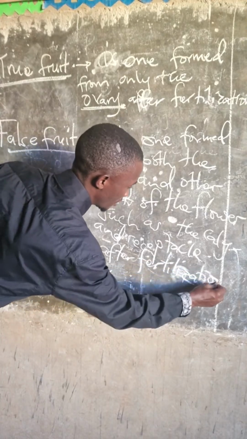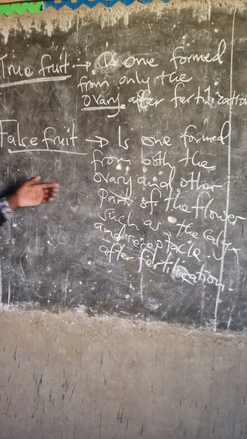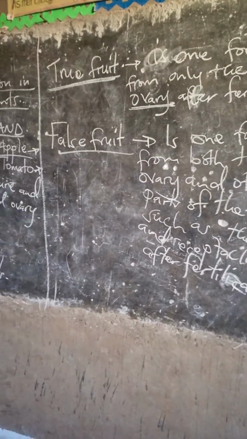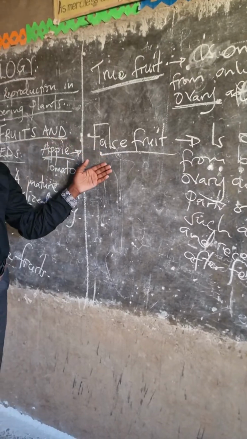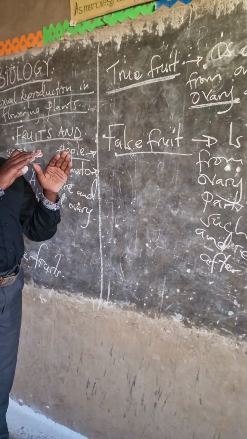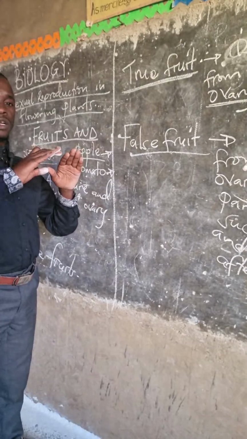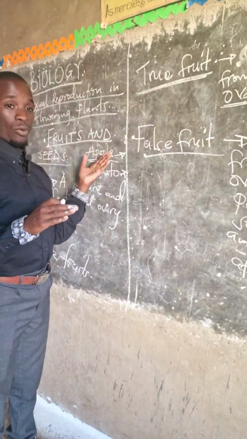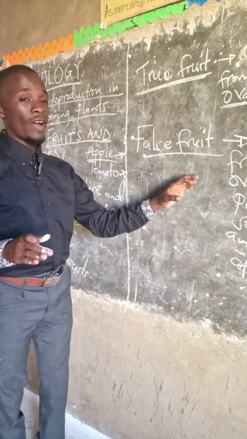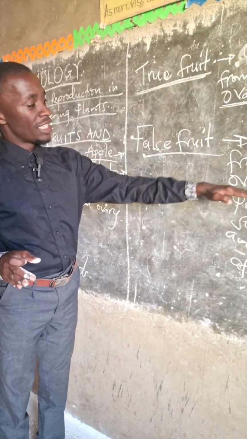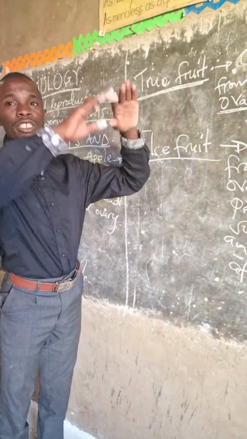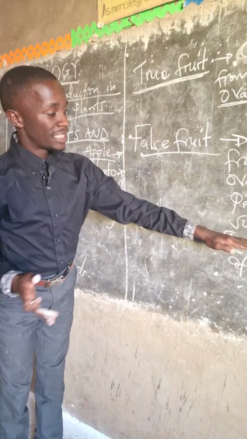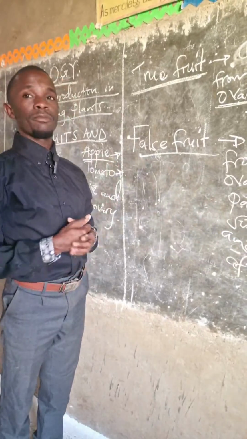We can take an example of an apple. When you try to cut an apple, inside there is a papery cover that surrounds the seeds of the apple. That is the ovary. After fertilization, it's not the ovary that forms the edible part of the apple. It's the combination of the calyx and the receptacle.